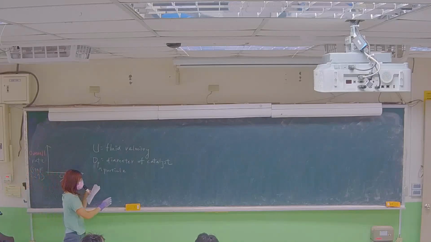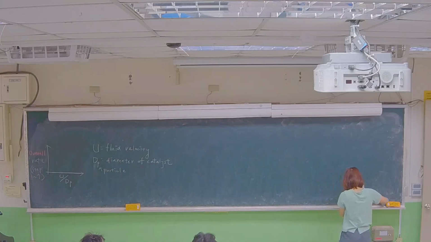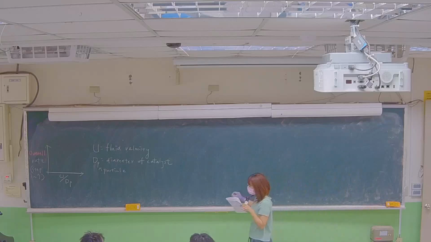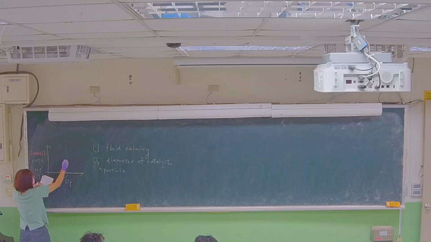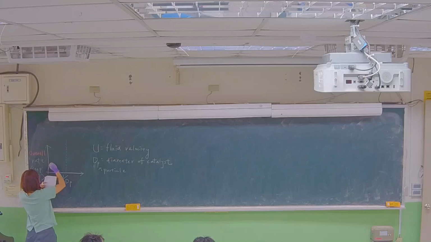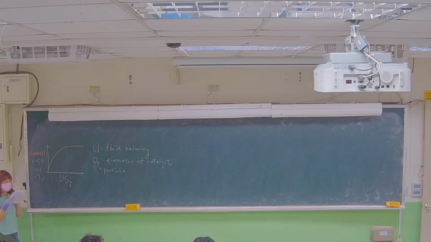We can divide the curve into 2 parts. Let's have a line here. This curve actually can be separated by this kind of shade, like a parallel line. You can separate it into 2 parts.